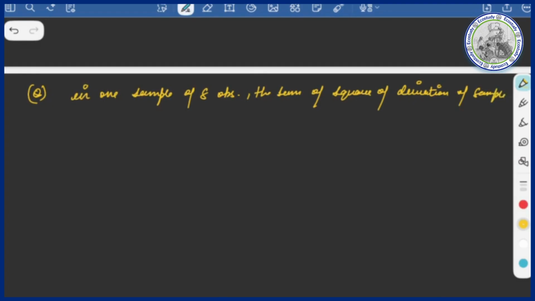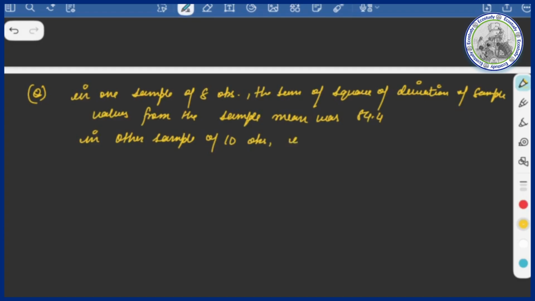Okay, so let me take one example. In one sample of 8 observations, the sum of squares of deviations of sample values from the sample mean was 84.4, and in another sample of 10 observations it was 12.6.